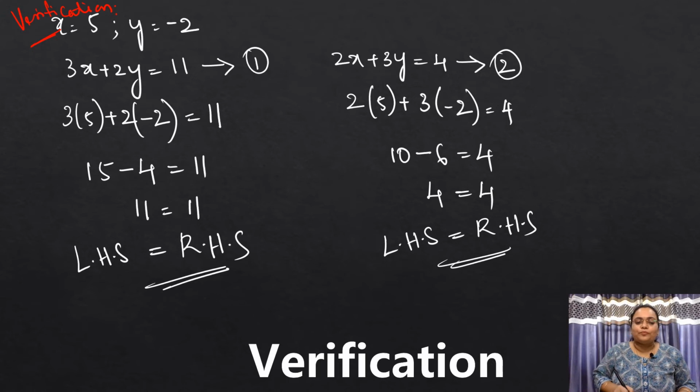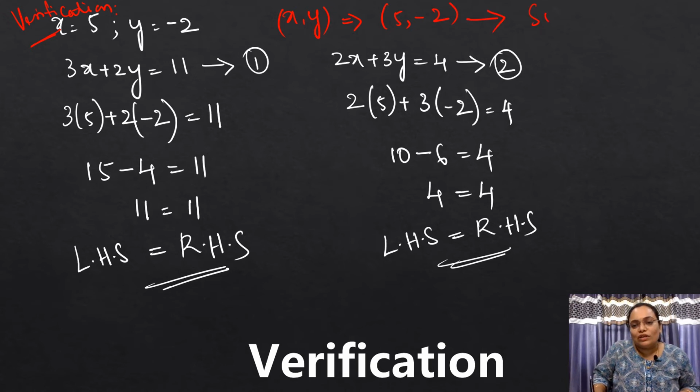Right? So we can say that x and y are satisfying both the equations on both sides. So x and y, which is 5 and minus 2, are the solution of the given pair of linear equations. Okay, clear?